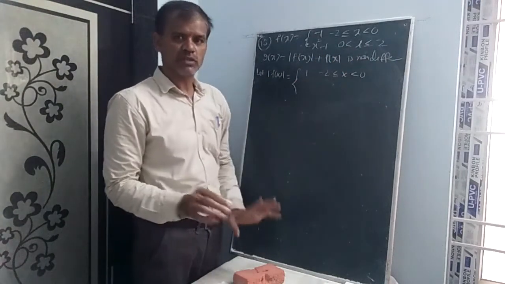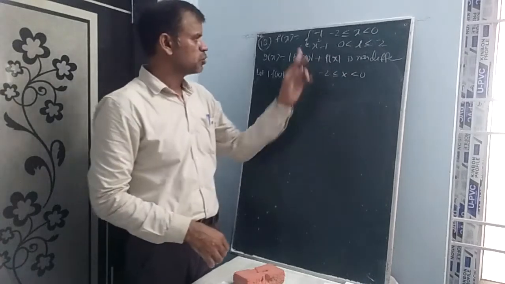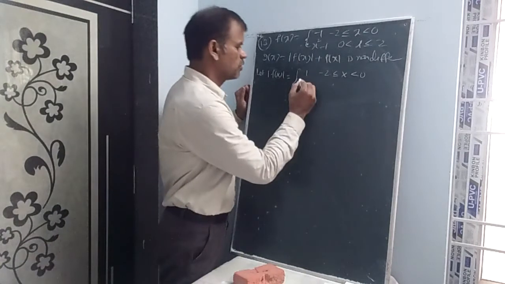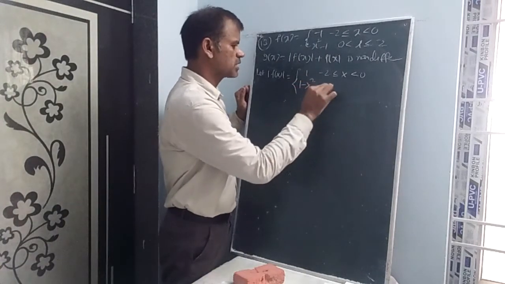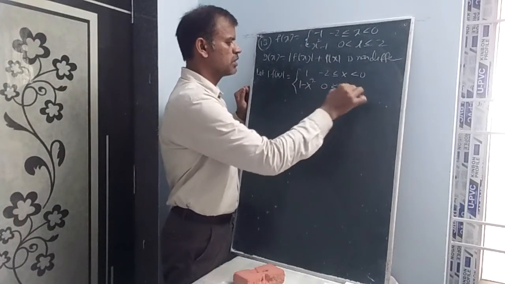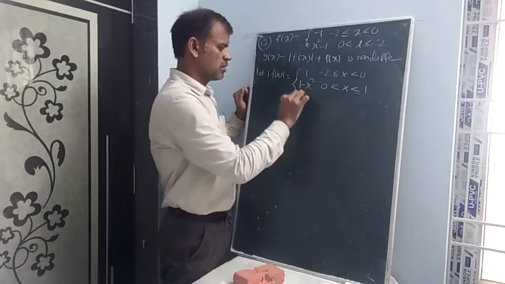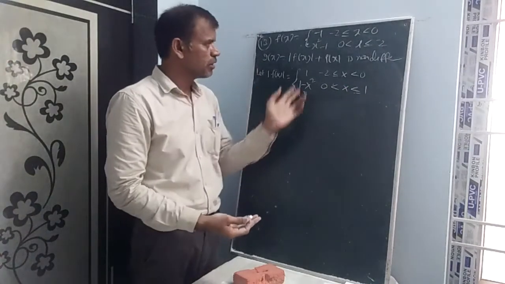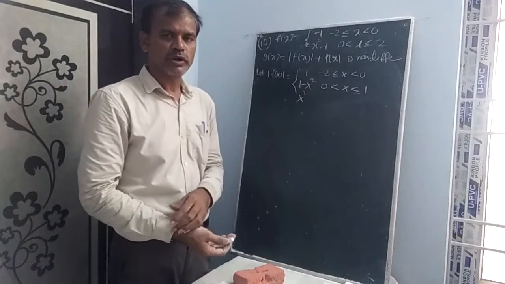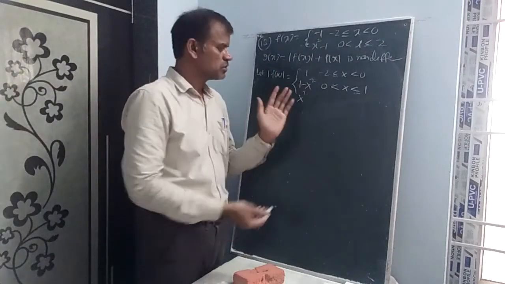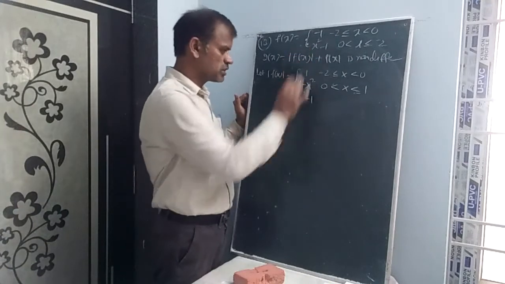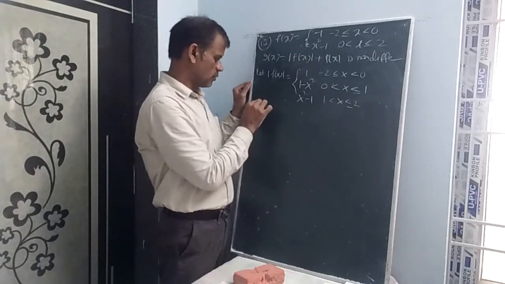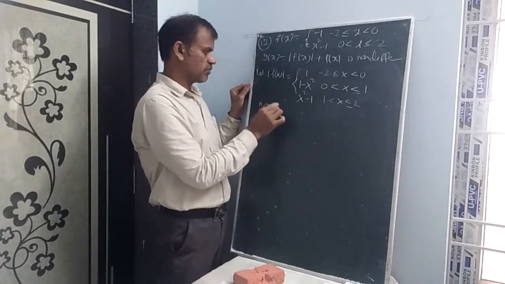Between 0 and 1 substitute a value 0.5: 0.5 whole square minus 1 becomes negative, so we apply 1 minus x square for 0 less than x less than or equal to 1. Now between 1 and 2, substitute 1.5: 1.5 whole square minus 1 is 2.25 minus 1, which is positive. So x square minus 1 as original for 1 less than x less than or equal to 2. That is modulus of f of x.